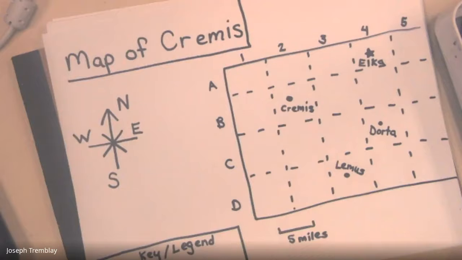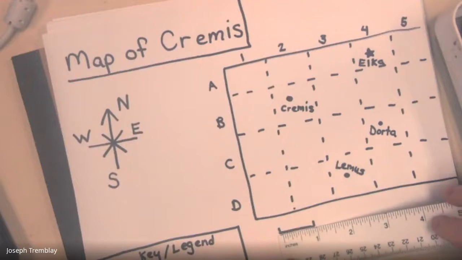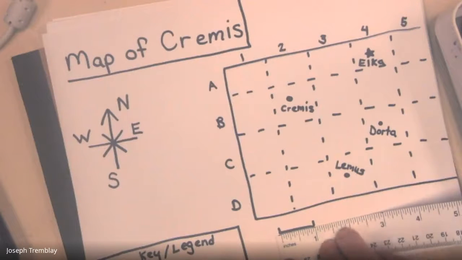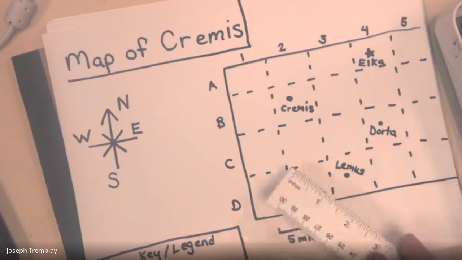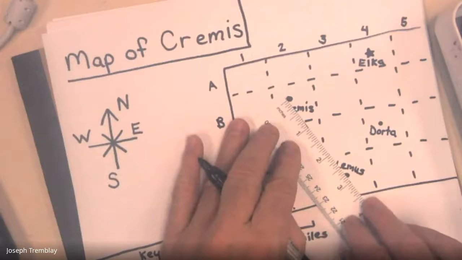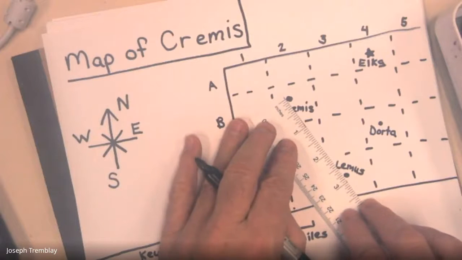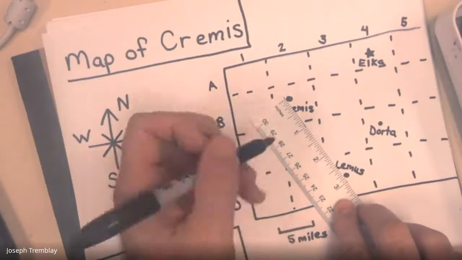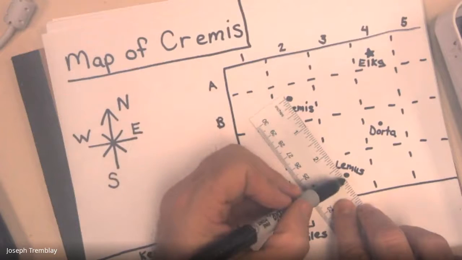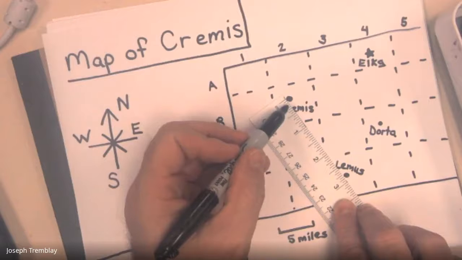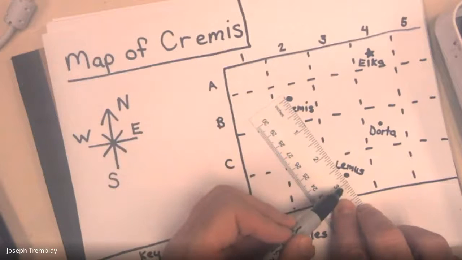Now, if I want to know how far it is between, say, Cremis and Lemmis, I'm going to look at this and I'm going to say, hey, look, that's 1 inch. From here to here is 1 inch. So for every inch, it's 5. And I'll count by 5 for each inch. So I put my ruler here, and I see that from Lemmis to Cremis is about 3 inches.